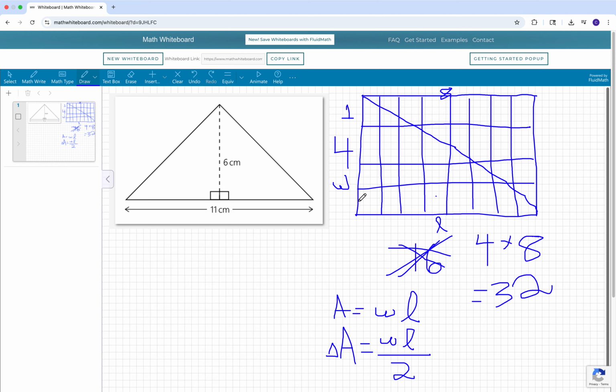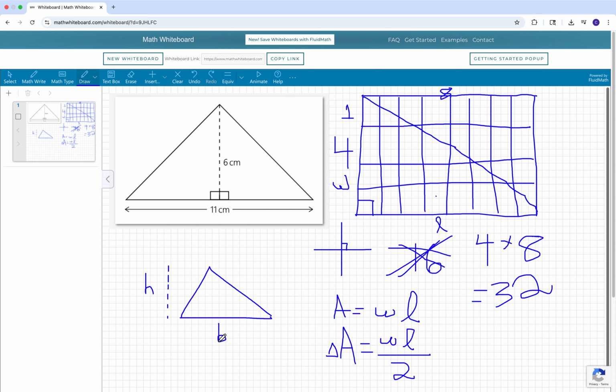So yeah. And this only works because our triangle has what's known as a right angle, where these lines are like a plus, right? We call it perpendicular. If the triangle was like this, it would still work, but you need to make sure that you get the actual height of the triangle and the actual base.